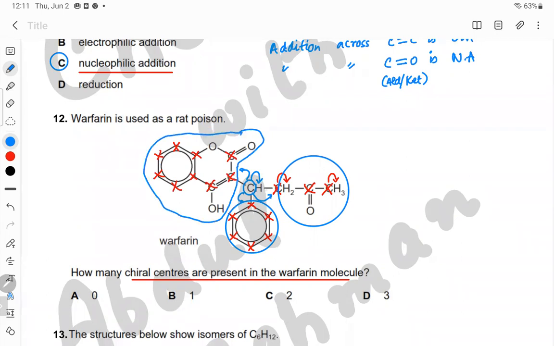So we have 4 different groups attached to this carbon. So there is only one chiral center in this whole molecule. So B is your correct answer.